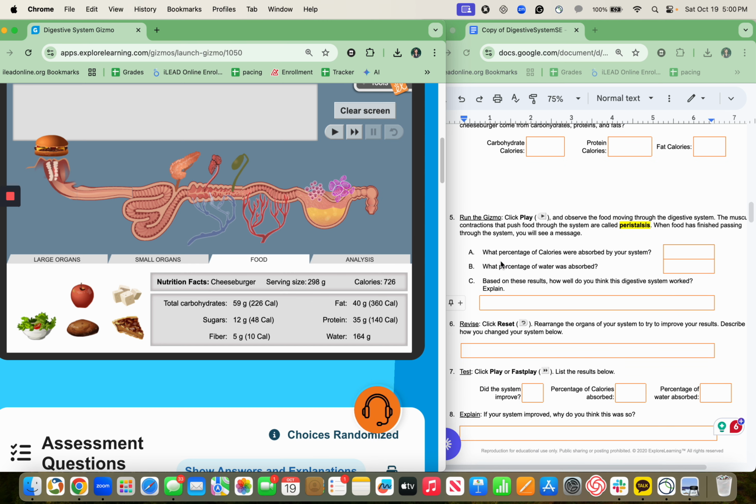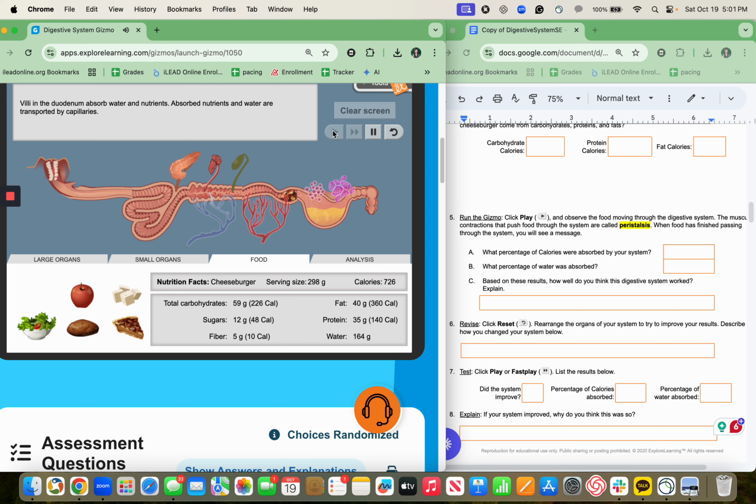All right, so now we're going to click play and observe the food. It's pretty funny. Peristalsis is this movement that pushes the food through. There's the pancreas adding enzymes, bile, saliva, which is in the wrong place.